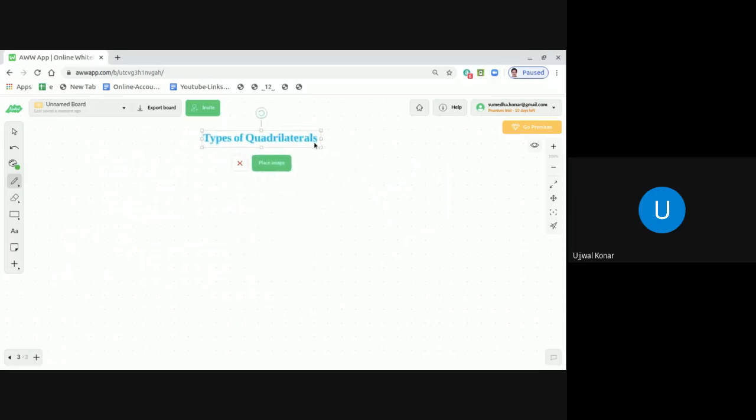So to find different types of quadrilaterals, I prefer to show you the diagram of different types of quadrilaterals you can think of.